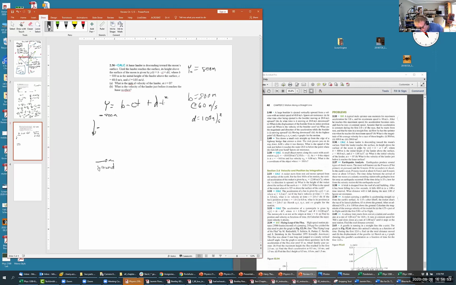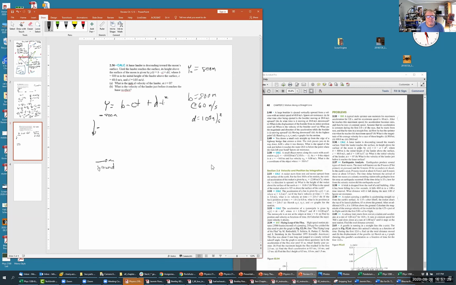We're inferring that because they give us a positive 60 meters per second, and they're also telling us that it's falling at 60 meters per second, and then we see there's a negative sign in front of it, that's telling us the downward direction is negative. And it's sort of implied. So what is the initial velocity? Wait a minute.